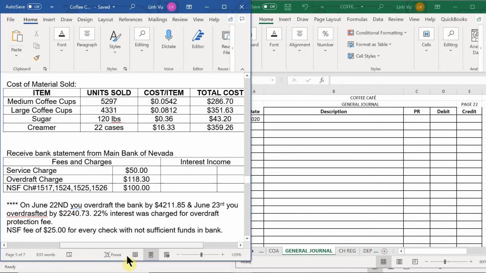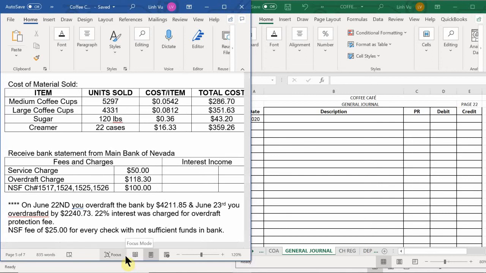So here in grand total, I used a total of $286.70 of the medium coffee cups. The large coffee cups, I used $351.63. And I've also used $43.20 of sugar and $359.26 worth of creamer. So here, right, I already did the calculation for you. So now the question is, how do I journalize this?